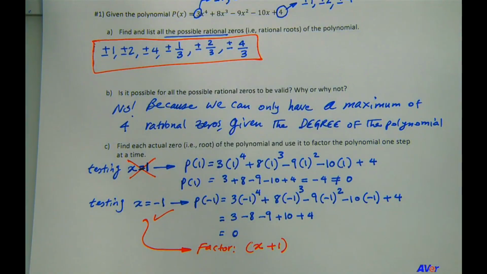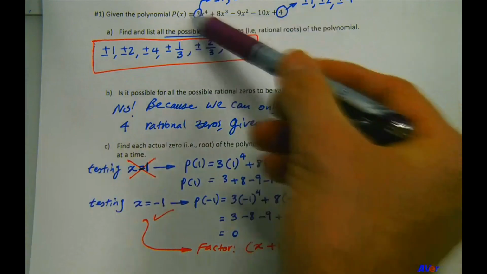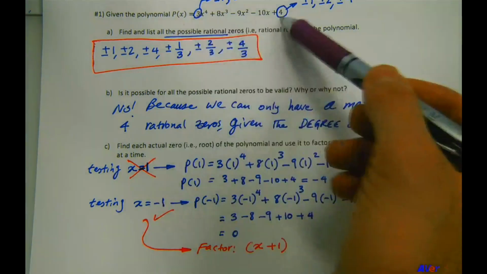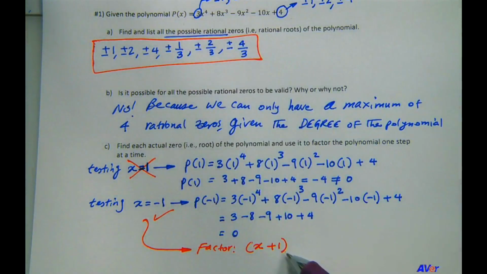So now that we have one factor figured out, we can divide this polynomial by this using the synthetic division, actually. Using the synthetic division, we can divide this polynomial by this and find the other factor, which would be a polynomial. So let's do that.